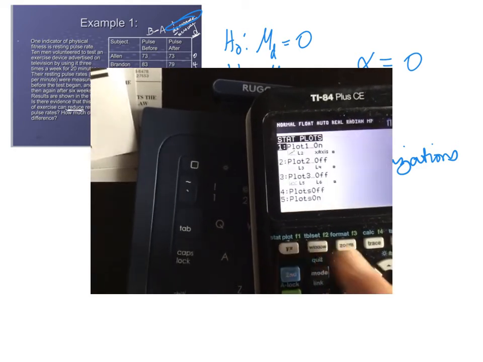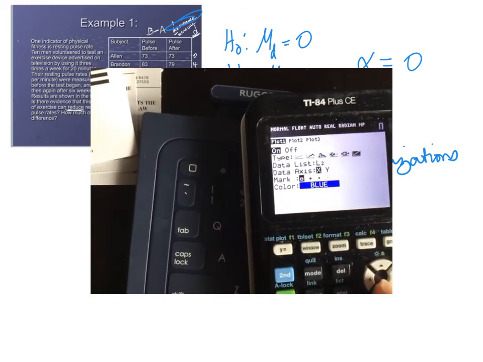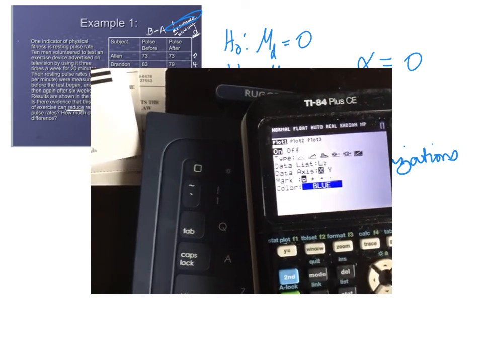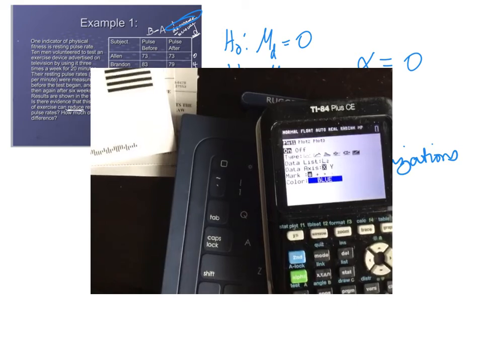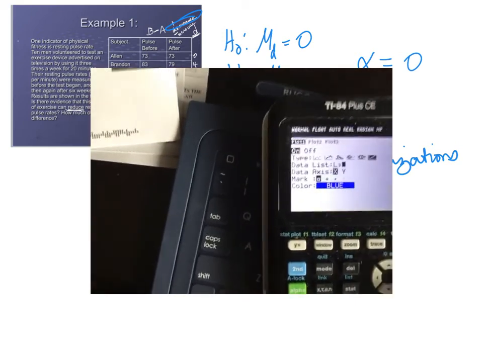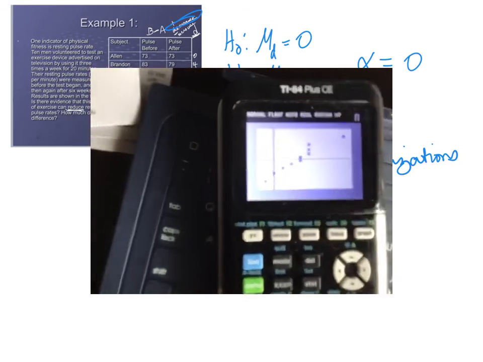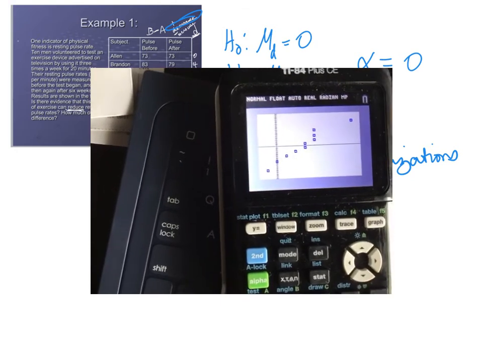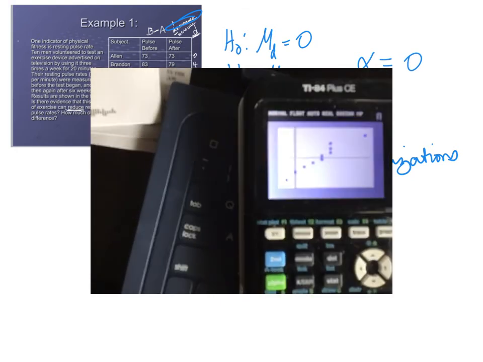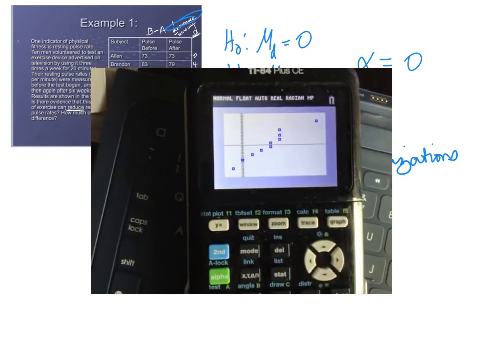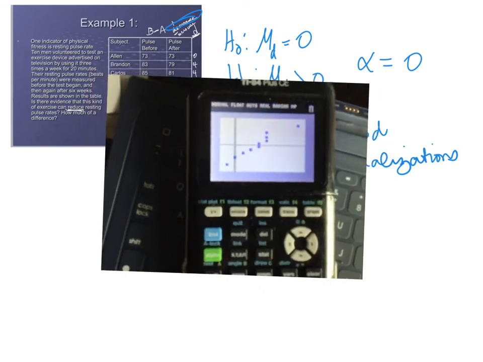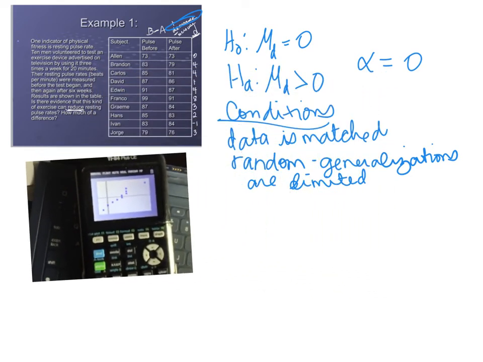So I'm going to look at my second stat plot, and I'm going to look at the list 3, which is my differences. And zoom 9. And it looks straight enough. There's no major curve in that. So then I'm going to draw that. Sorry for the blurriness.